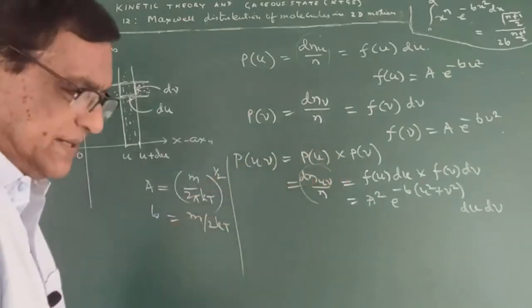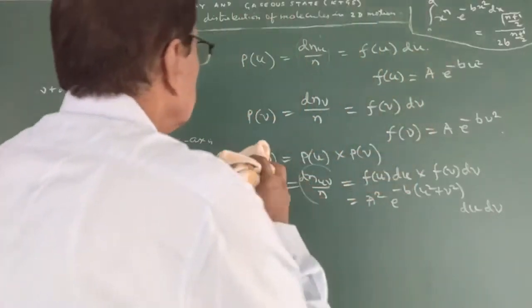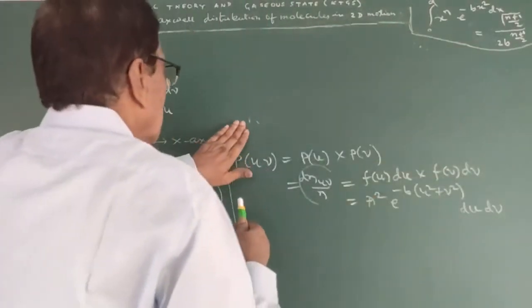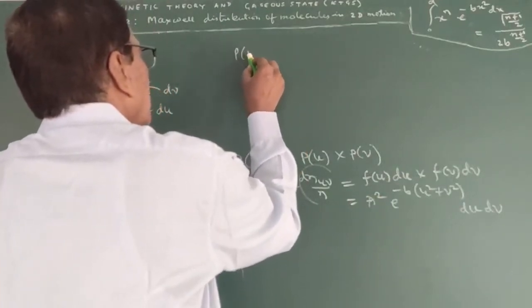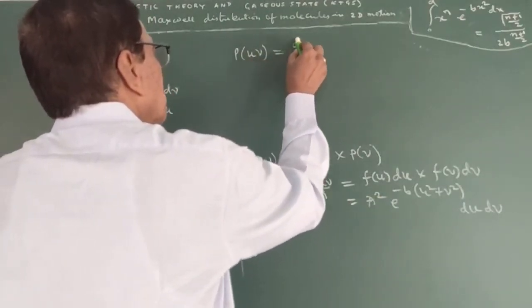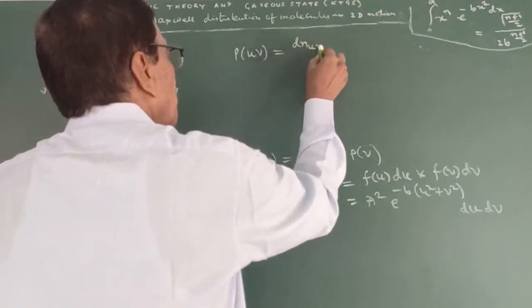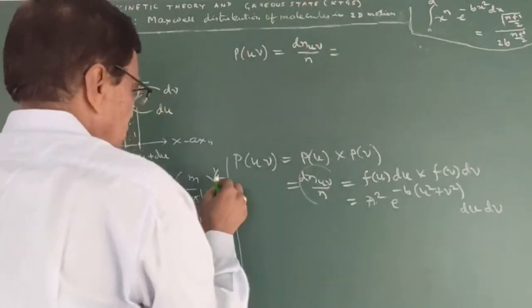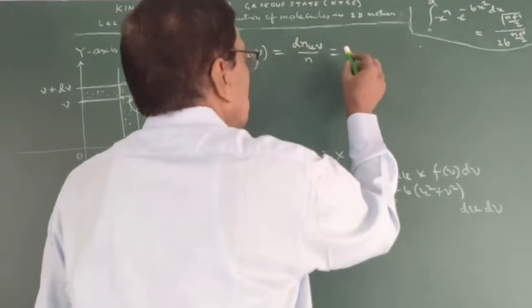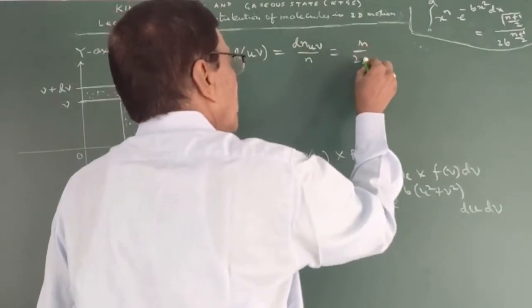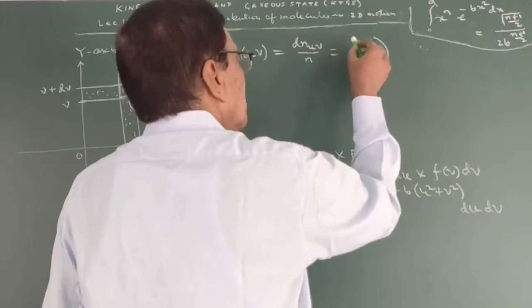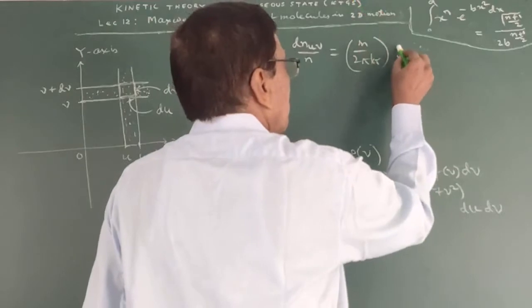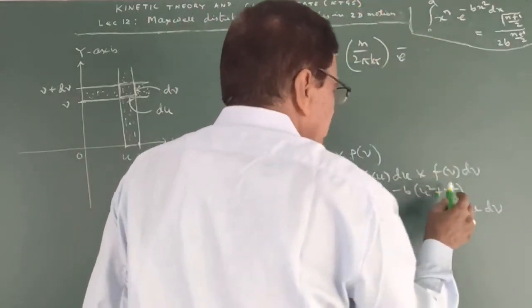If we put these here, then the distribution function P(u,v) equal to dN(u,v) divided by N equals, since it is squared, the half root will be wiped out, so m by 2 pi kT to the power 1 and e to the power minus m by 2kT times (u squared plus v squared).